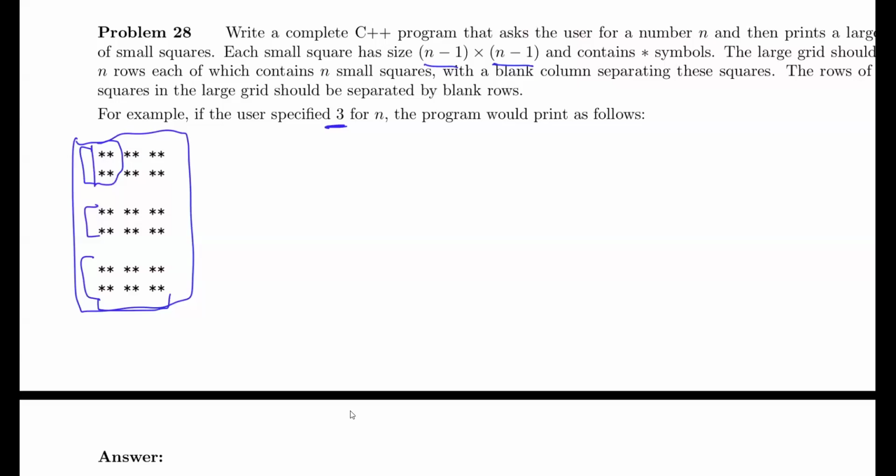This thing is index 0, this thing is index 1, all these things are index 2. We have 3 rows and 3 columns. Let's print the inner loop first. So how can we print that inner loop?